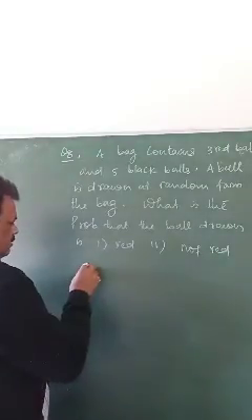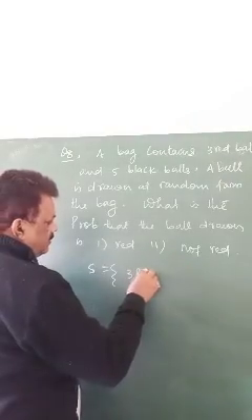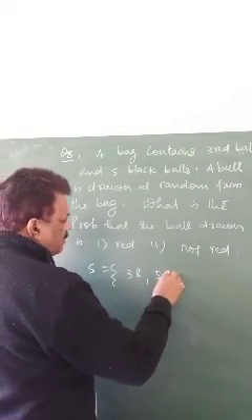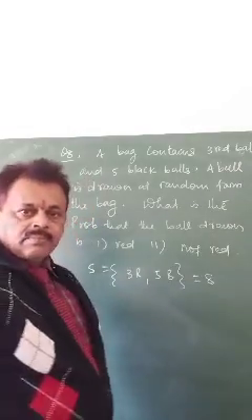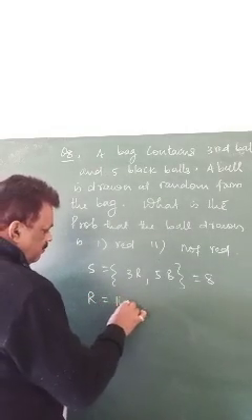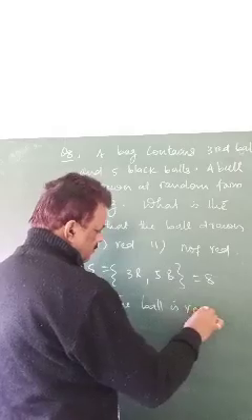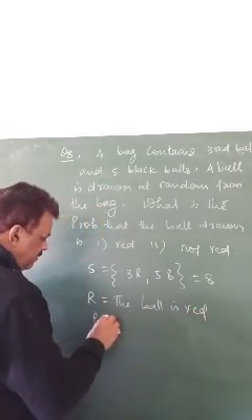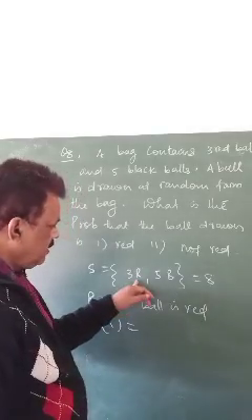Okay, the sample space is what? 3 red, 5 black. Total how many? 8. Let R stand for the ball is red. So what is the probability of R? Red how many? 3.